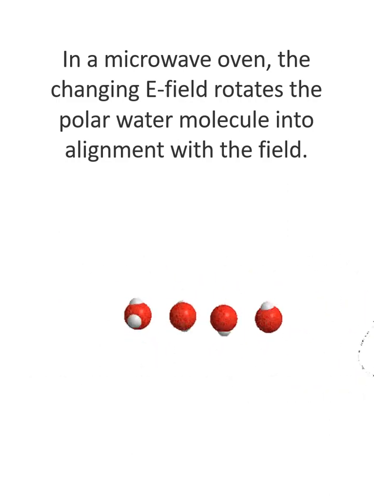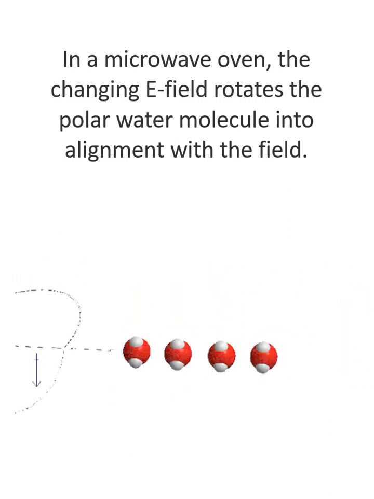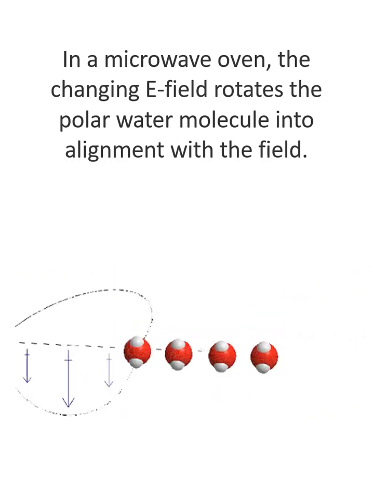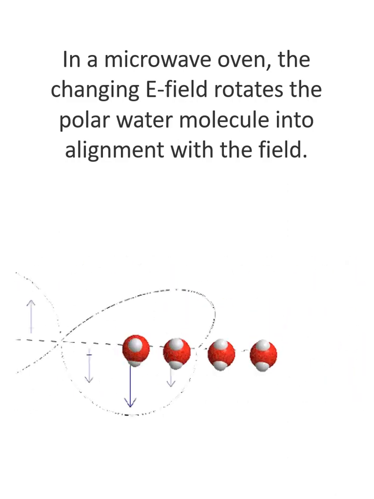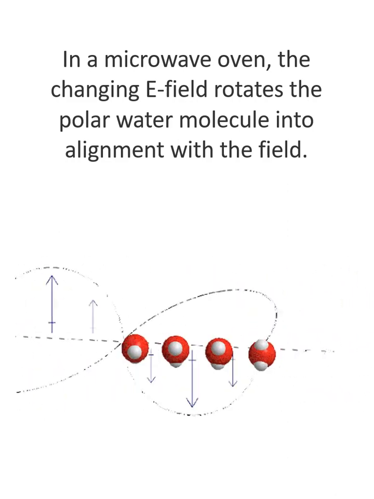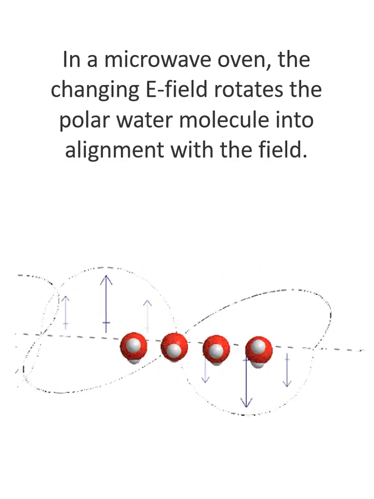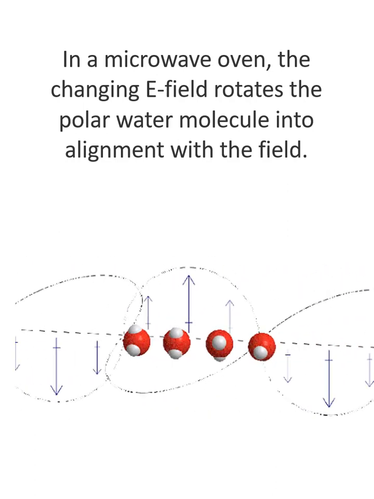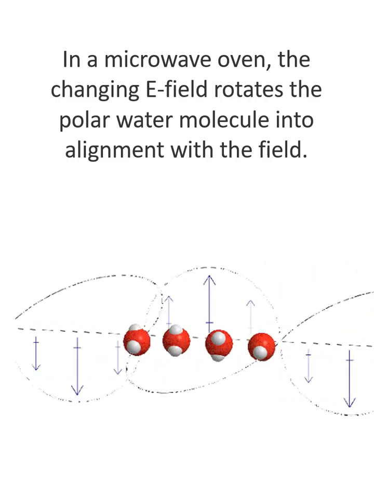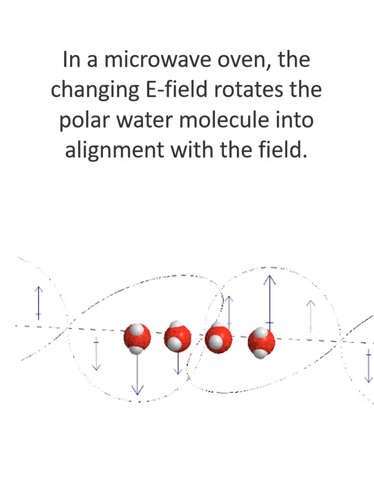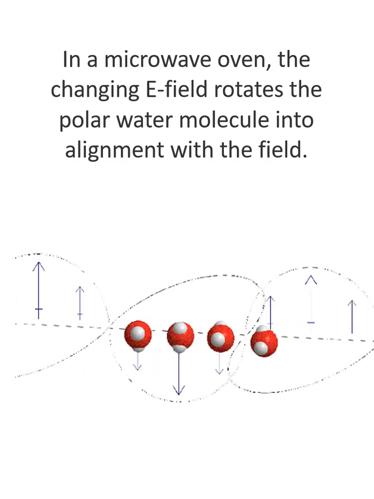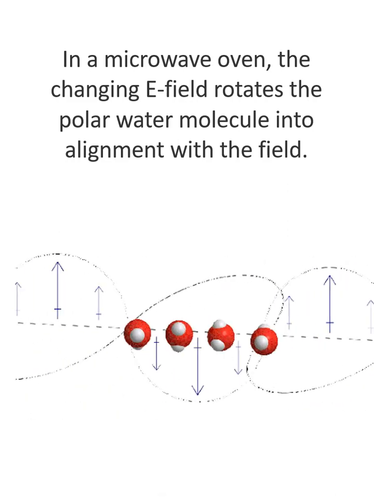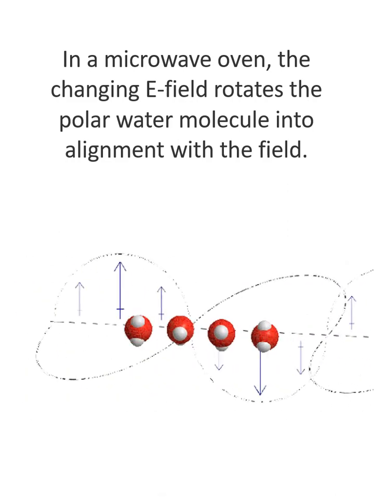They keep realigning with the continuously changing electric field, going one way and then the other. So in a microwave oven, the changing electric field rotates the polar water molecule into alignment with the field. This adds kinetic energy to the molecules of the food, and also there's internal friction between the molecules, and overall it causes a heating up of the food.